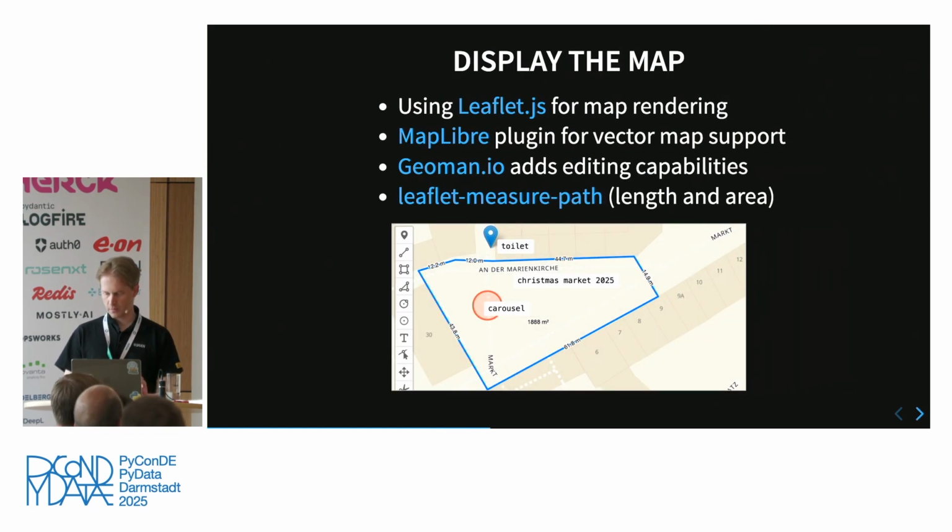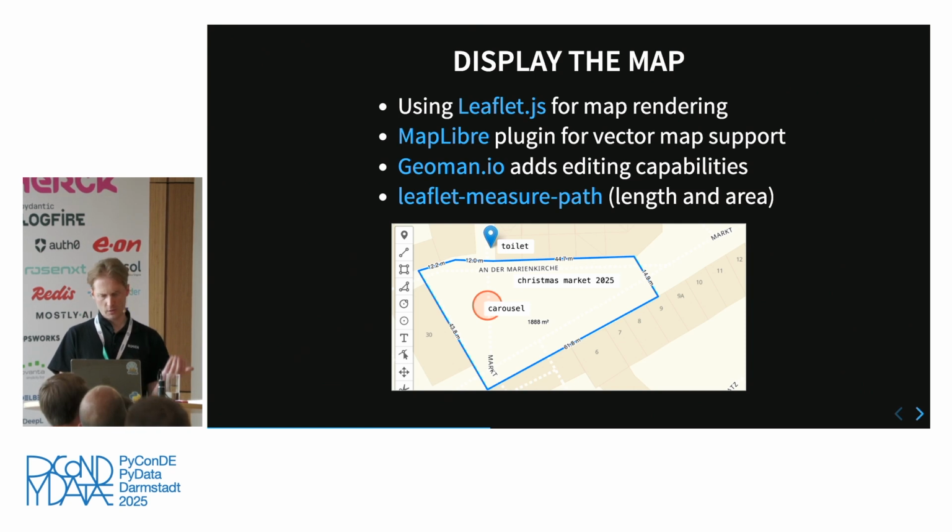To display the map, I'm using LeafletJS for rendering the map. I'm using a MapLibre plugin to add vector map support. This allows to use data which is quite small, like these several gigabytes for whole of Germany.